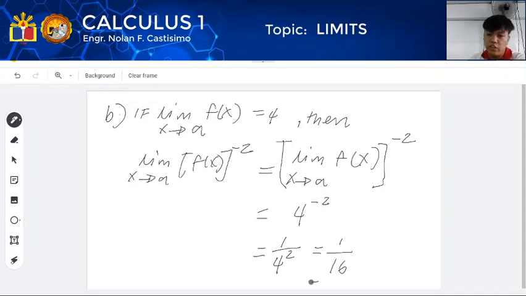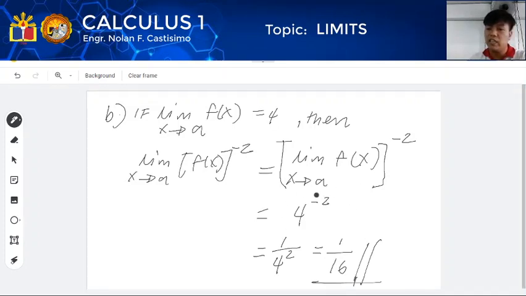So, yan na yung final answer natin. O baka magtaka ulit kayo, bakit natin ibinaba yung 4 raised to negative 2? Basic mathematics. So, balikan nyo na lang yung algebra ninyo. Yan yung final answer.